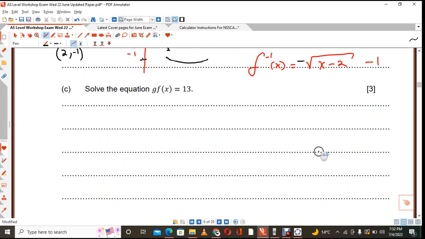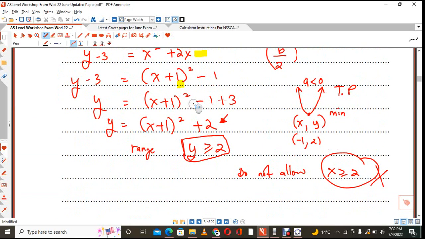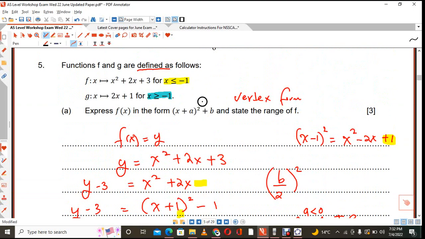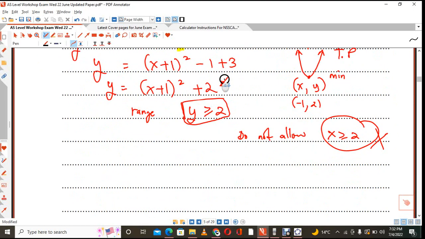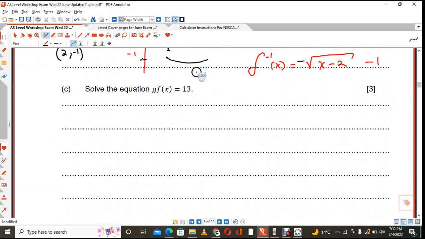When you look at part C, now we're taking g, and if you remember, g happens to be a straight line. So I'm just going to write my g, just to find what my g was. Function g is 2x plus 1, and it is also defined for very specific values. So g of x is equal to 2x plus 1, and f of x was x squared plus 2x plus 3.